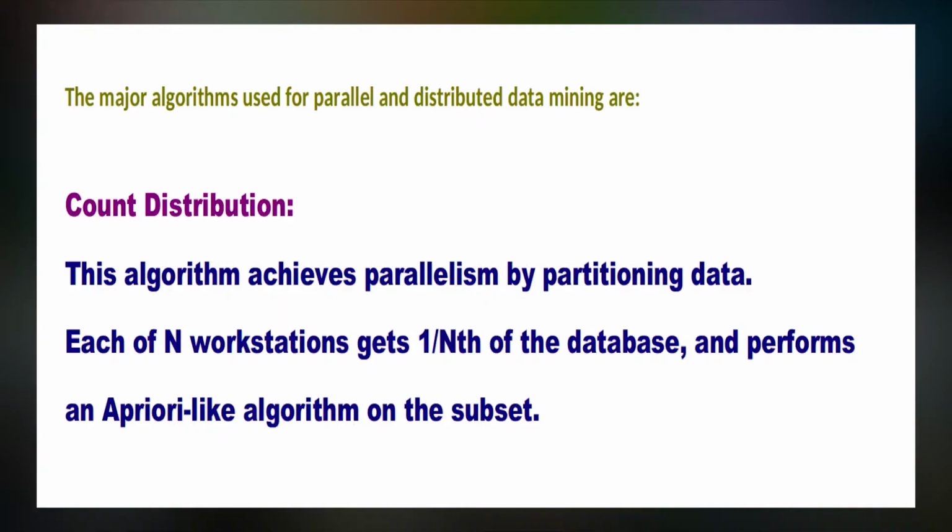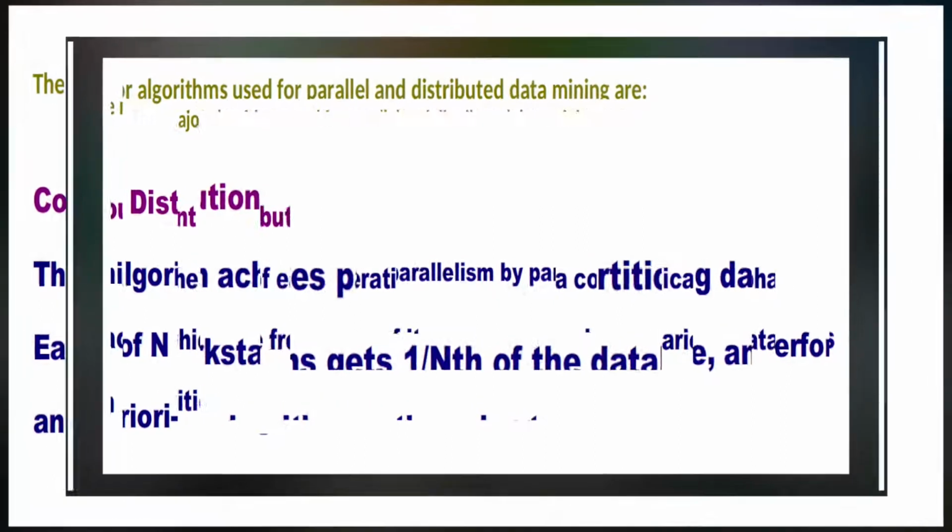Algorithms in parallel and distributed data mining are the area which we have to concentrate on. The major algorithms used for parallel and distributed data mining are: one is count distribution. This algorithm achieves parallelism by partitioning the data. Each of the n workstations gets 1/nth of the database and performs an Apriori-like algorithm on the subset.